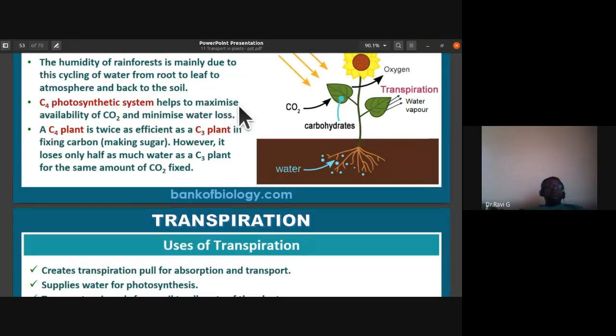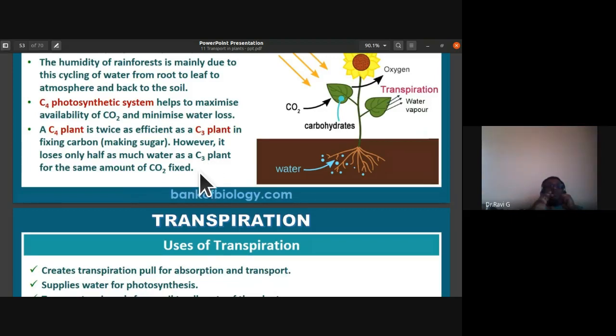Later we'll be discussing this in photosynthesis. So remember this important sentence: C4 photosynthetic plants help to maximize carbon dioxide absorption and minimize the loss of water. A C4 plant is twice as efficient as a C3 plant in fixing carbon.